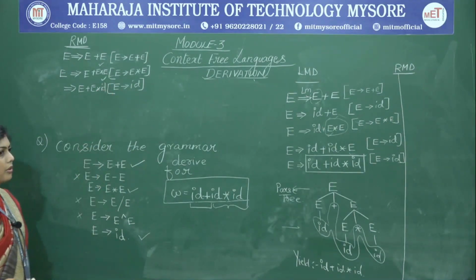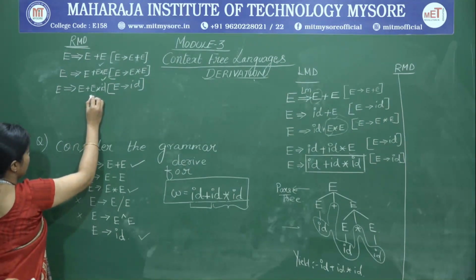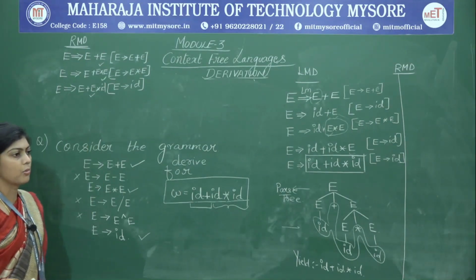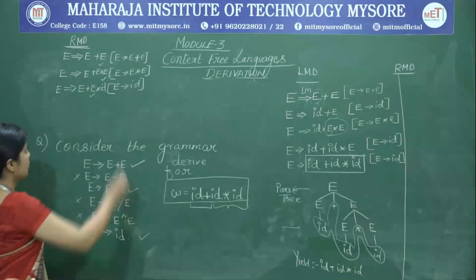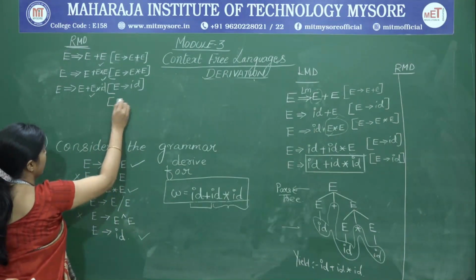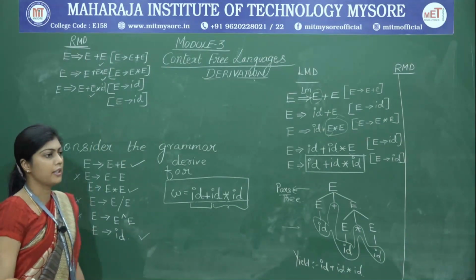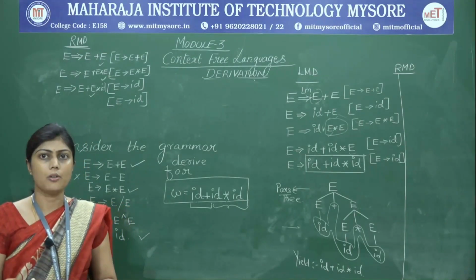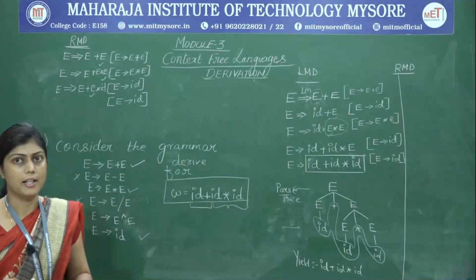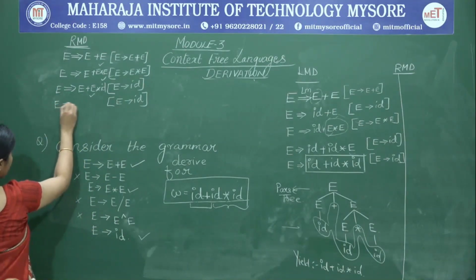This is what we are going to get in the derivation. So next step, we have to replace the next rightmost variable. So the next rightmost variable is this E. So this E again has to be replaced by id. By now you would have an idea why I am replacing that E by id, because in that place of that variable I require id. So therefore E goes to id is what we are going to use.